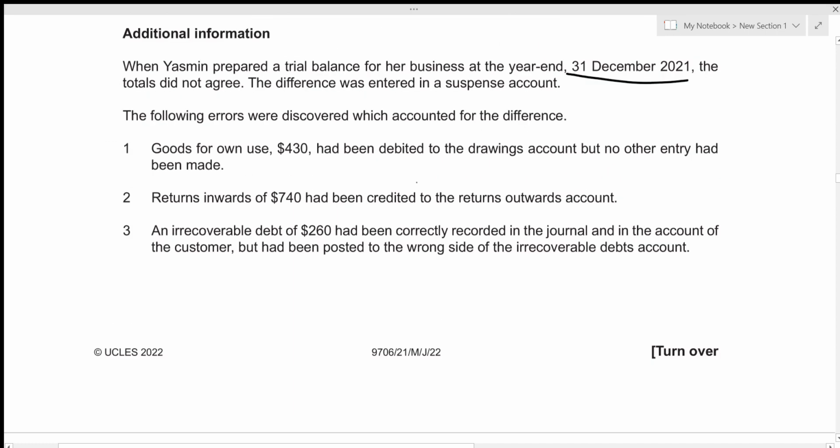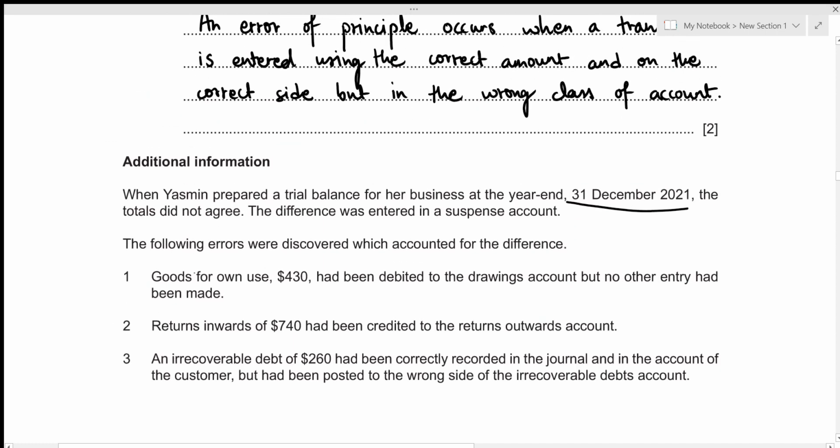Alright, let's have a look above. The first error was that goods for own use, which is basically drawings, had been debited to the drawings account, but no other entry had been made. Whenever we're talking about drawings, we need to subtract this amount of drawings from the purchases. So this error indicates that this amount of 430 had not been reduced from the purchases amount.